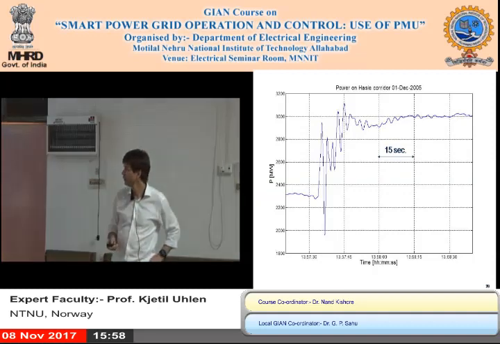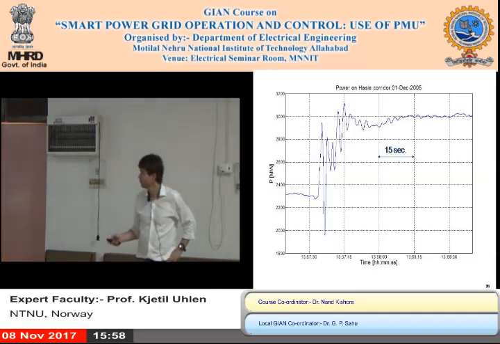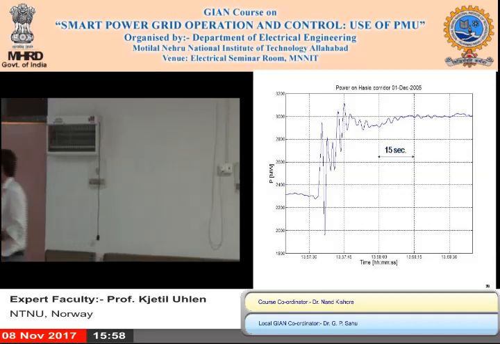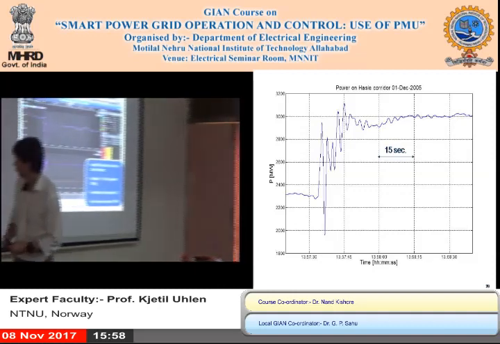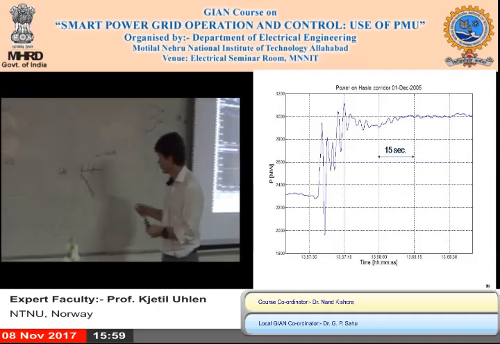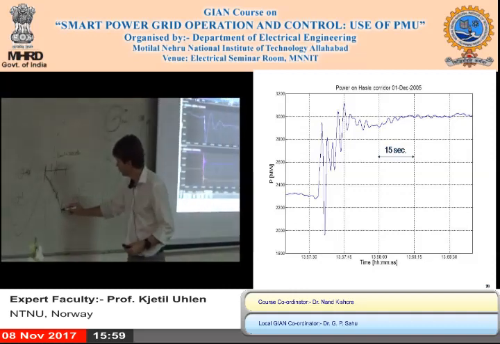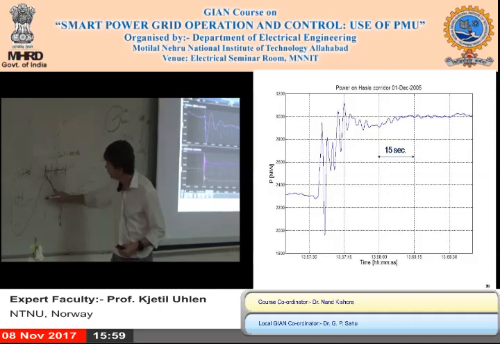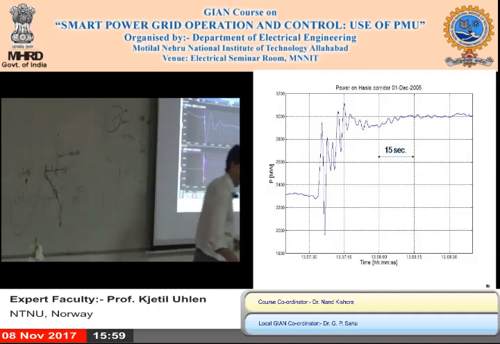But there is another example that it actually tripped when it should not. And that is seen here. There was a short circuit down here, which affected the relays on that line, so that it initiated a generator trip in the western side of Norway.